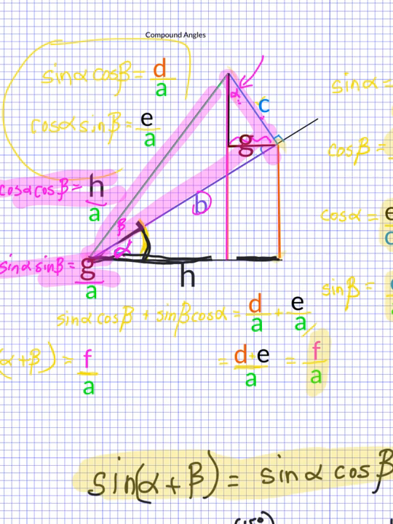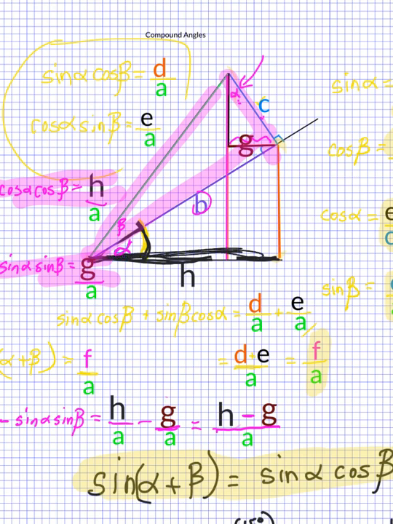I'm going to say cos of alpha, cos of beta, minus sine alpha, sine of beta must be equal to H over A minus G over A, which just equals H minus G over A. Well, guess what? H minus G.